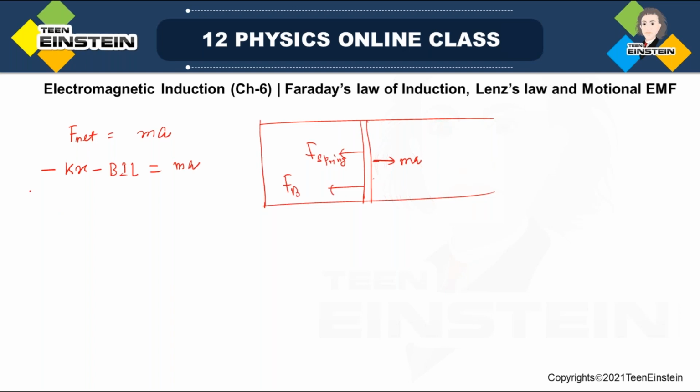Okay. So now this I can write as minus MA equal to 0. So let us see what all these things are. So this Kx.